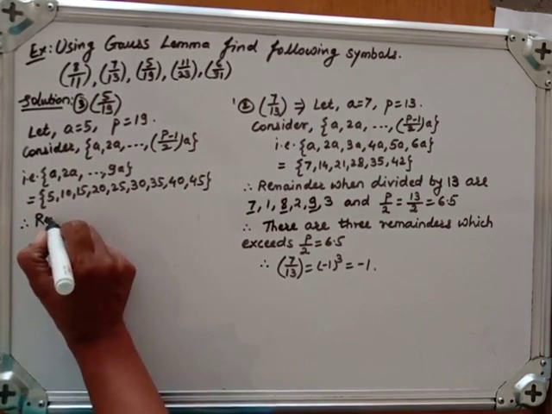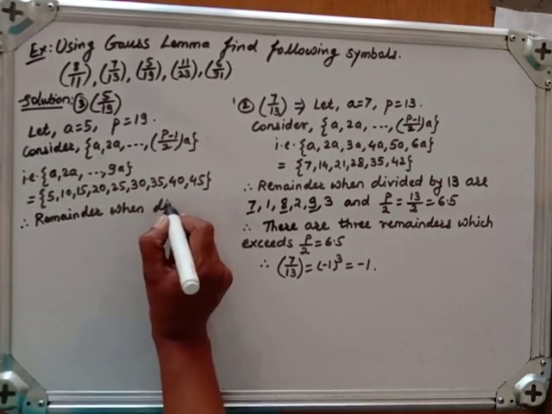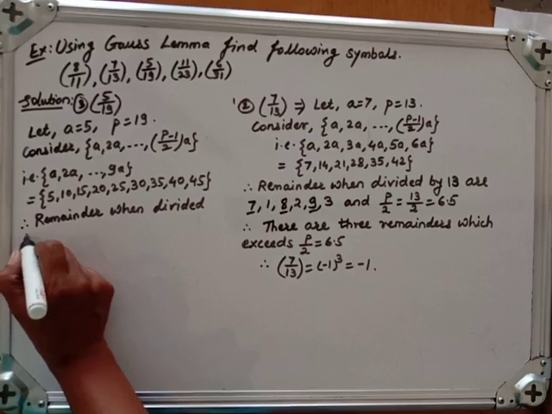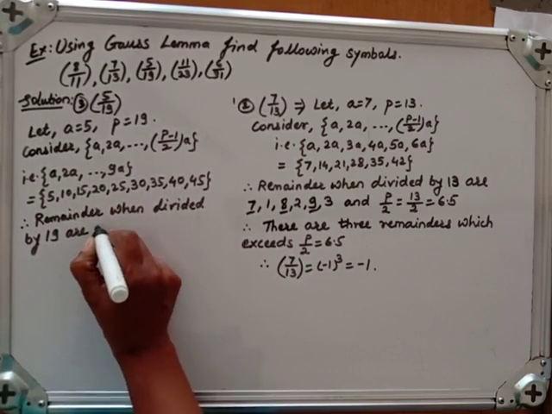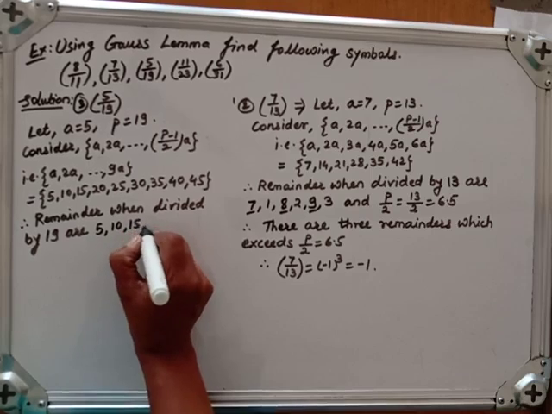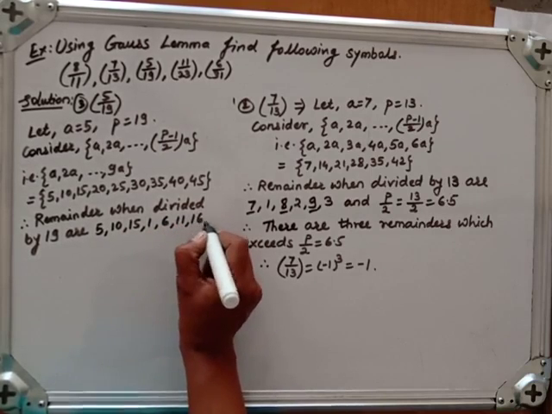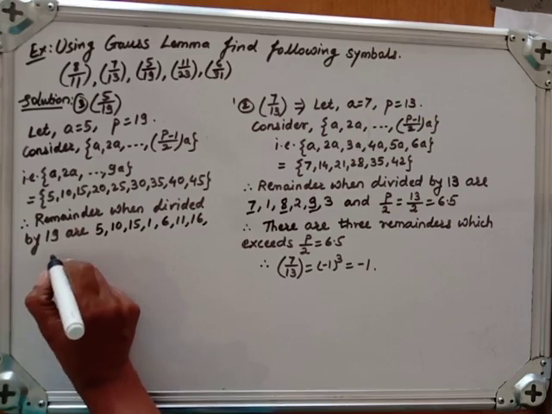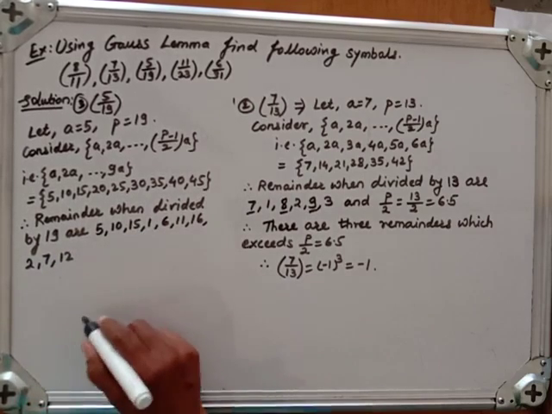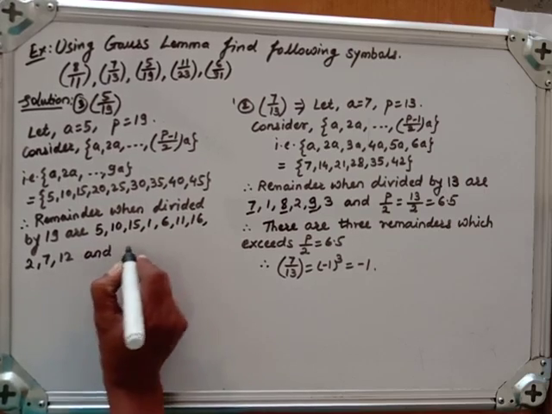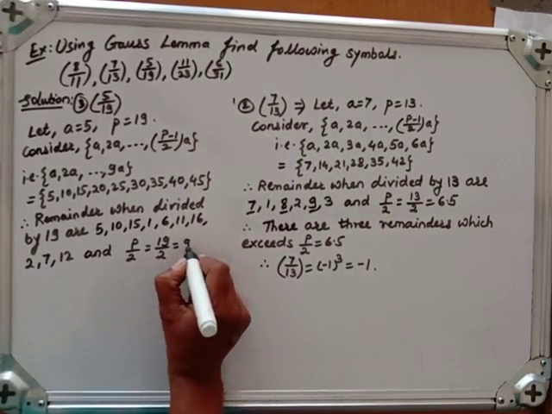Therefore, the remainders when divided by 19 are 5, 10, 15, 1, 6, 11, 16, 2, 7, 12. These are the remainders. And what is p by 2? p by 2 is 19 by 2, that is 9.5.